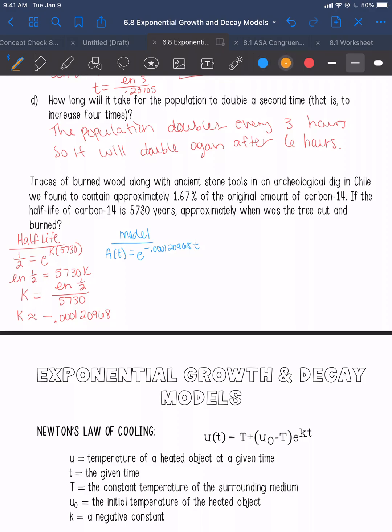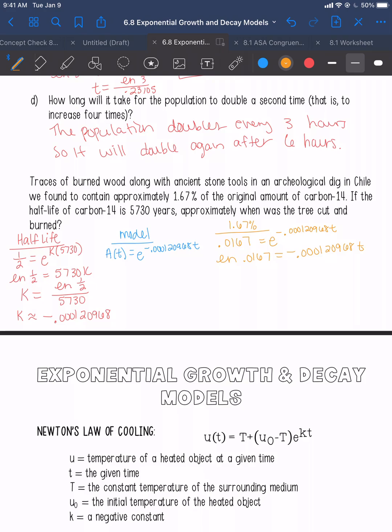So now we can use that. They found 1.67% of the original amount, so then we want to know when it was cut down. So instead of its half-life, we know that 0.0167 of it is left, equals e to the negative kt. So if we're solving this, we get the natural log of 0.0167 equals negative 0.000120968 t.